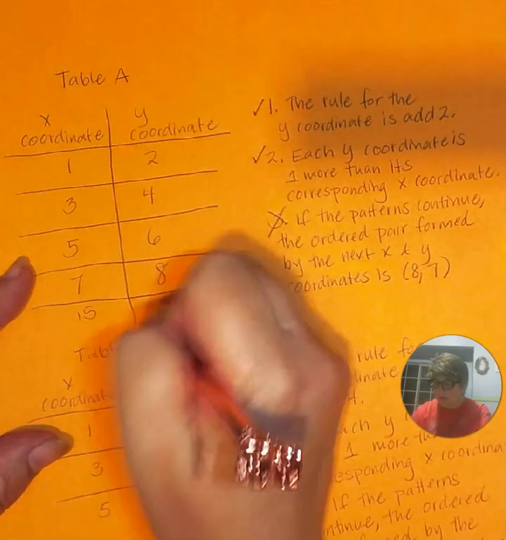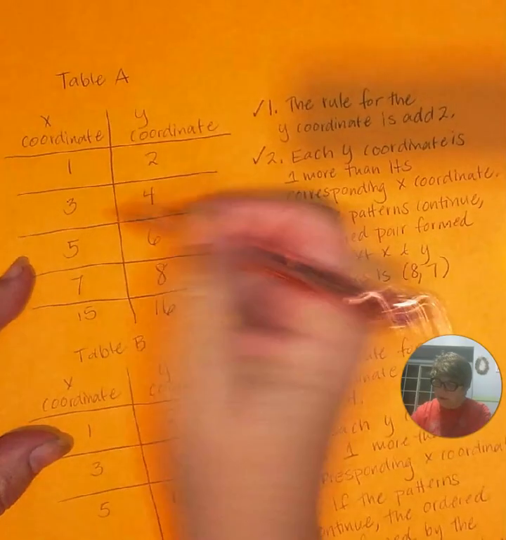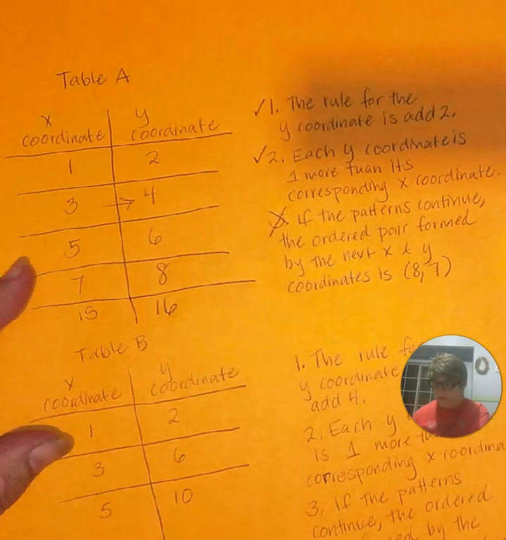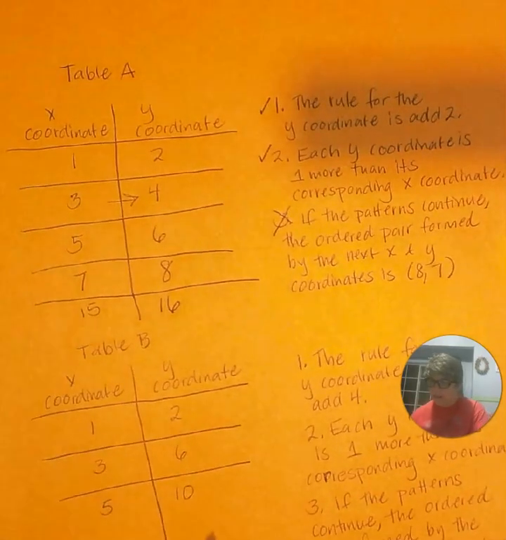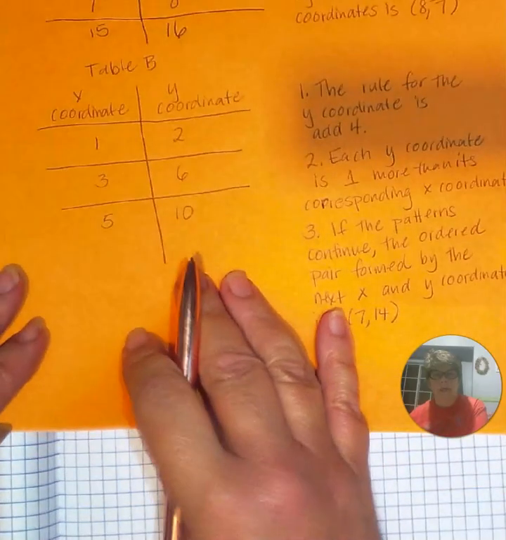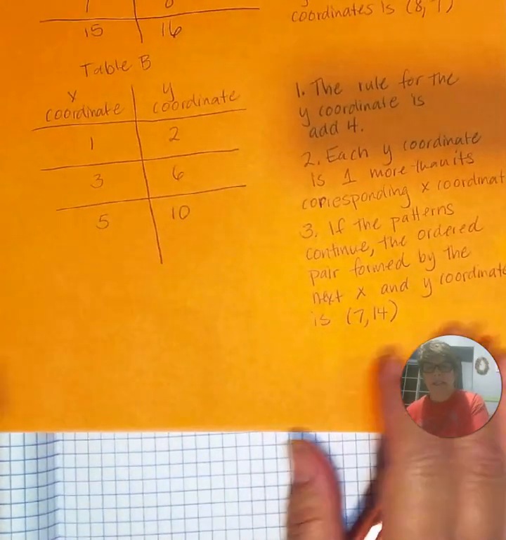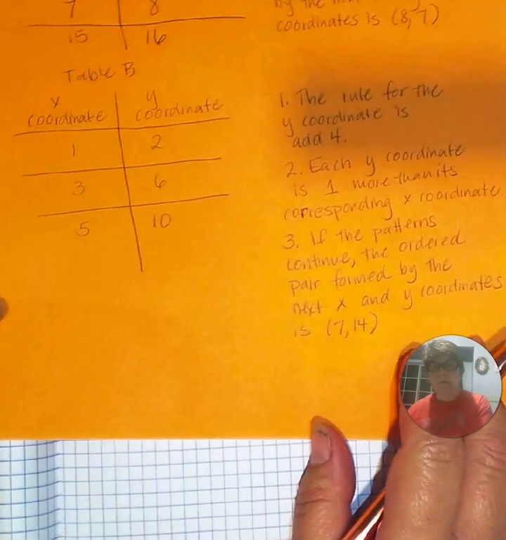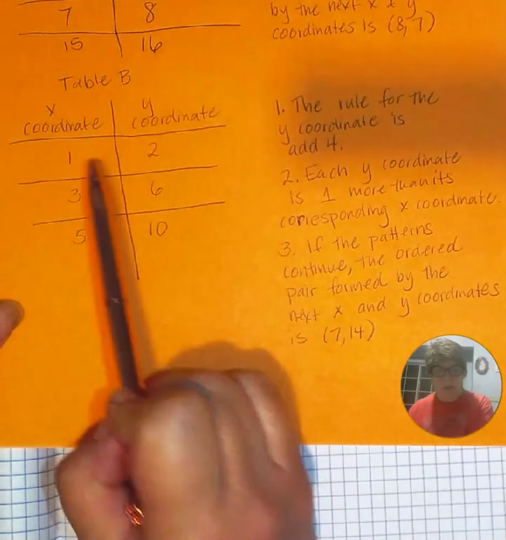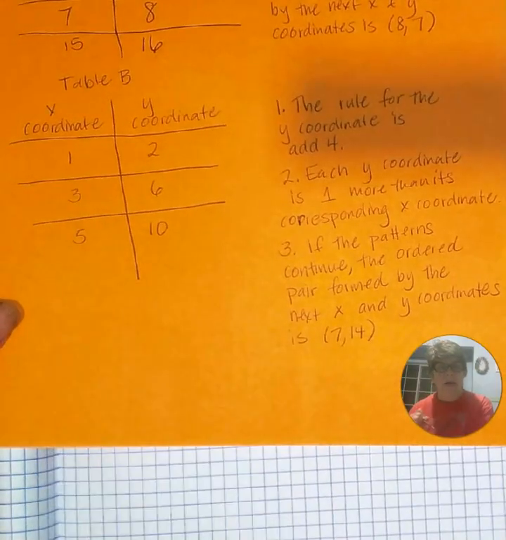So our y would be 16 because we know our pattern is to add 1 from x to y. All right, excellent. Let's look at table B. Okay, this is just a warm-up, a little bit of a practice to make sure we remember what we've been learning. Very important.